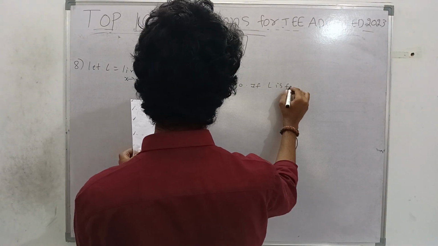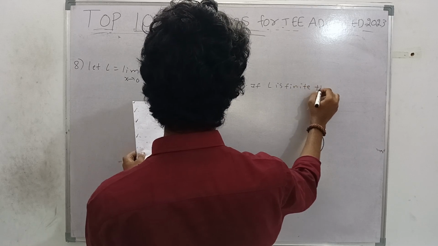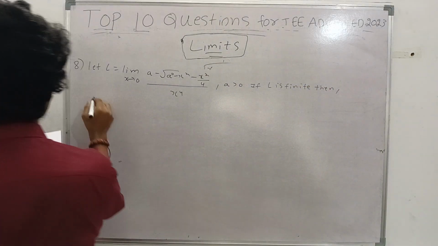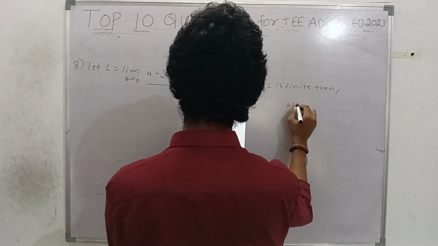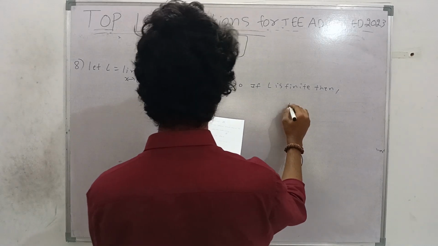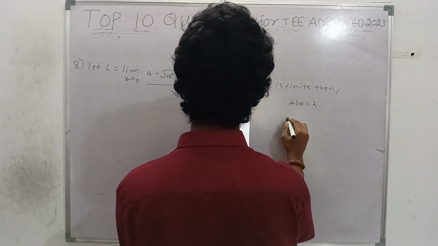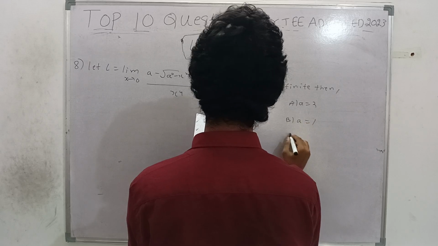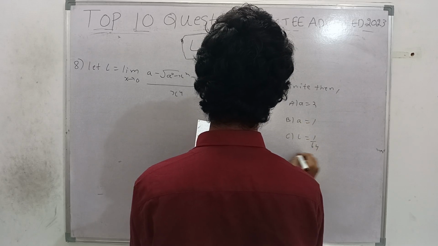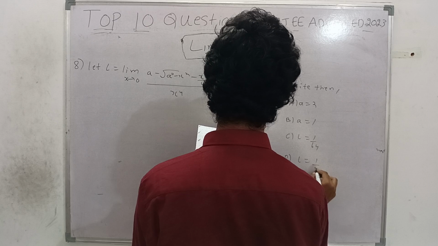If L is finite, then option A they have given a equal to 2, B a equal to 1, C L equal to 1 by 64, and option D L equal to 1 by 32.